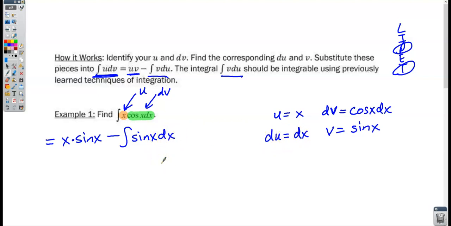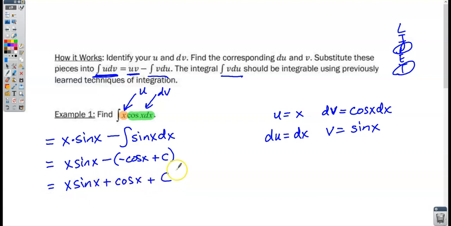All right, and there's my integration by parts setup. And now this part I can integrate on its own. The integral of sine of x is negative cosine of x plus c. And so this ends up being x sine of x plus cosine of x plus c.